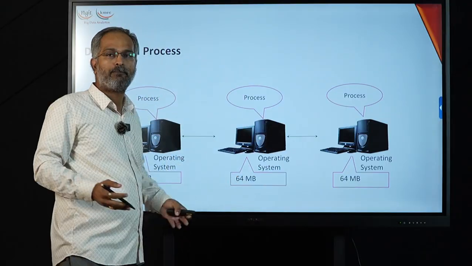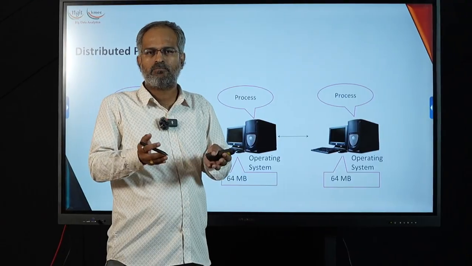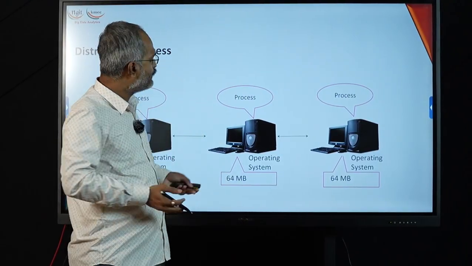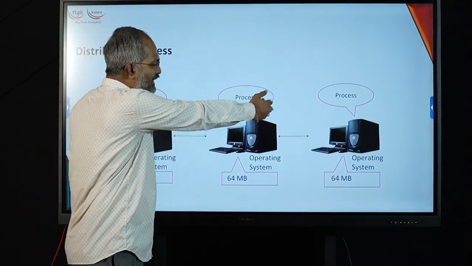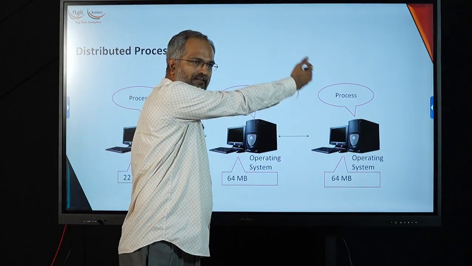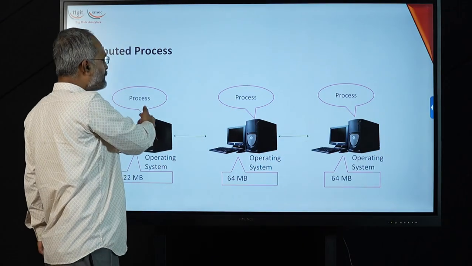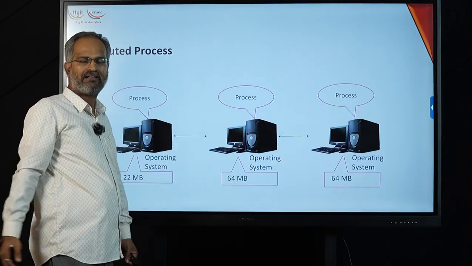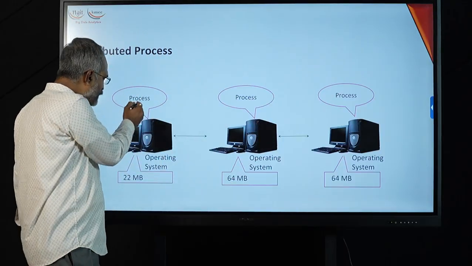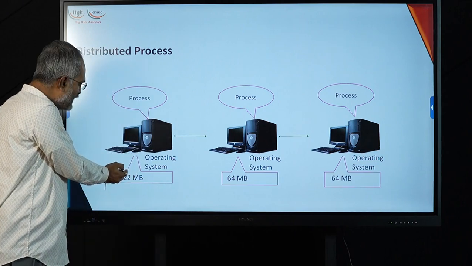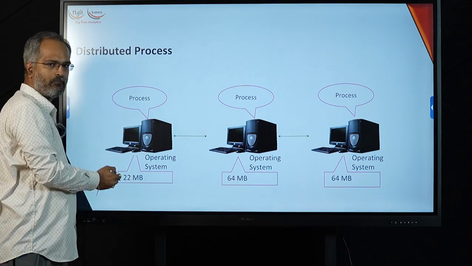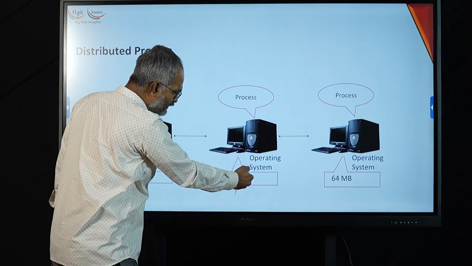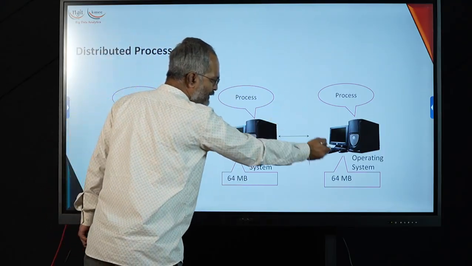But the process may be in KBs only, maximum in KBs or MBs. So the process can be transferred very easily to other machines. We can copy the process onto all the machines wherever the data is available, and this process can operate on this data and produce some output.